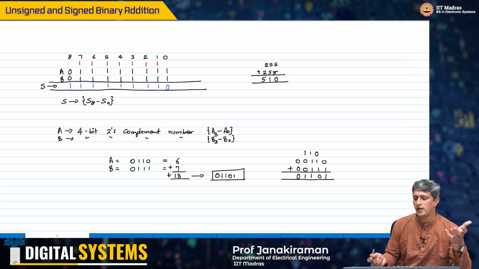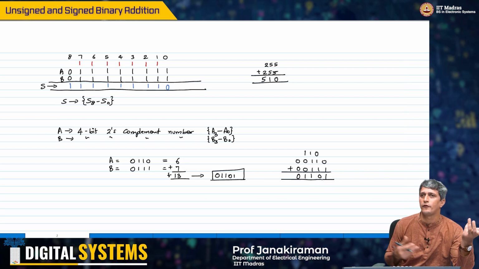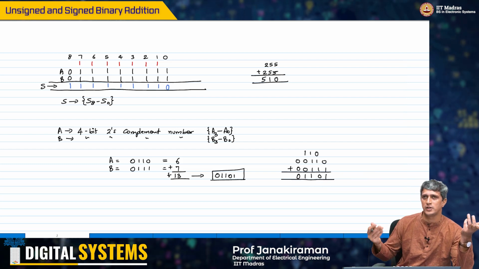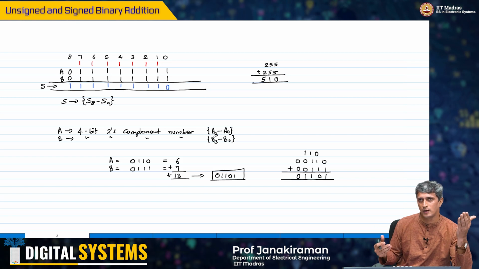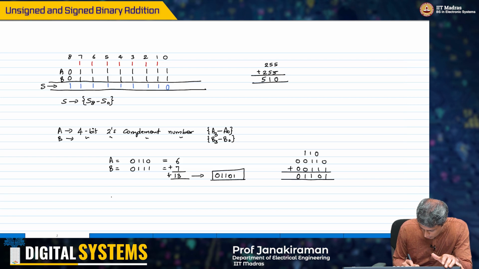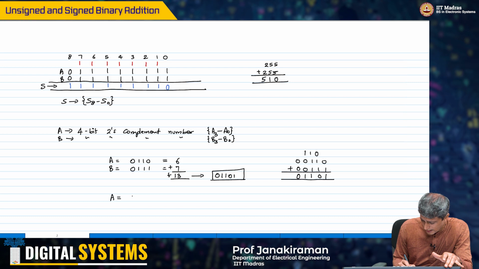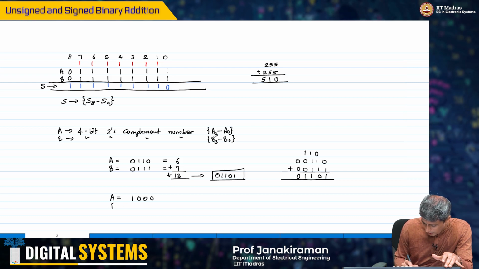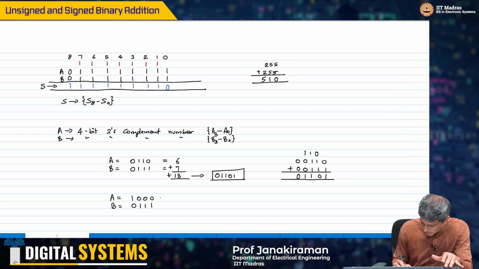Here it is quite obvious, we already needed that 5th bit, with A4, B4 and S4 already needed. Let's now consider the case where I have a negative number, A equal to 1 0 0 0, and B equal to 0 1 1 1. Let's see what this is.